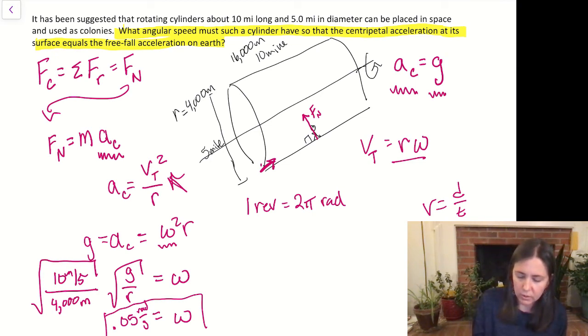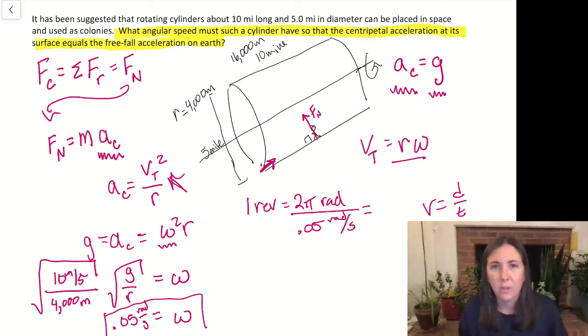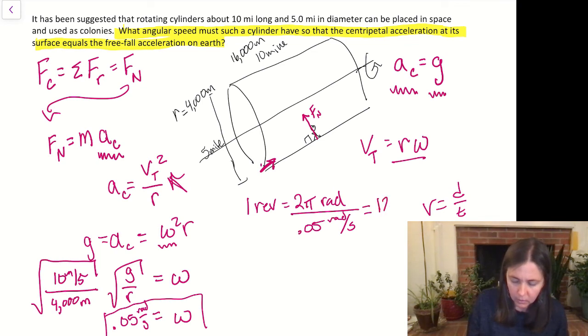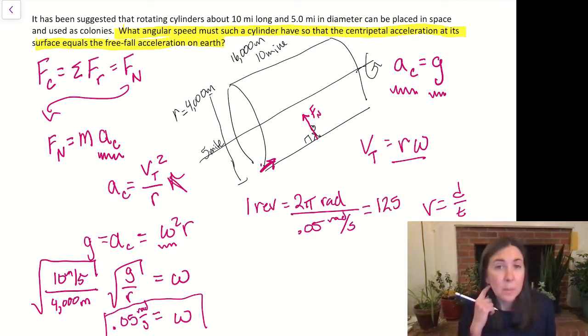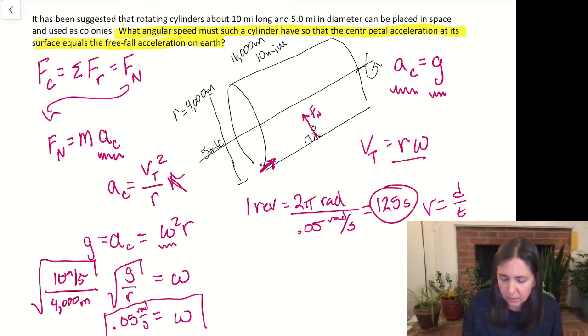So we take our 2 pi radians, divide it by 0.05 radians per second, and we end up with the amount of time for one revolution. That's about 125 seconds, which is about 2 minutes.